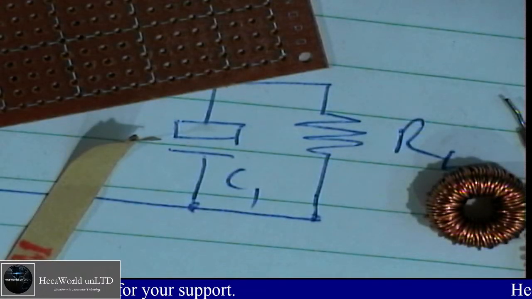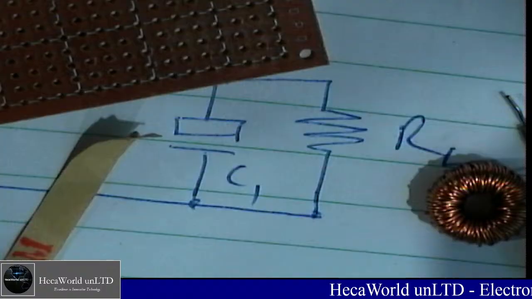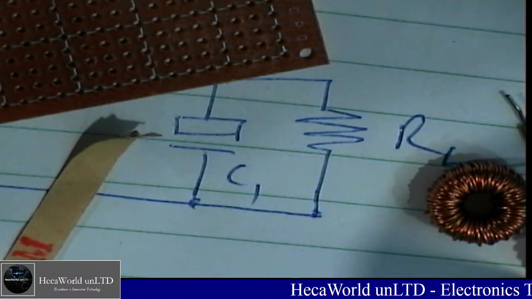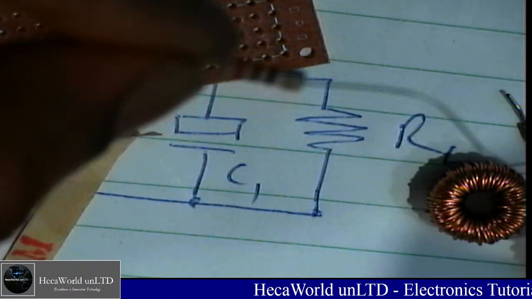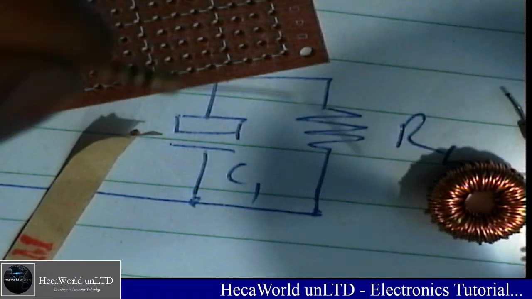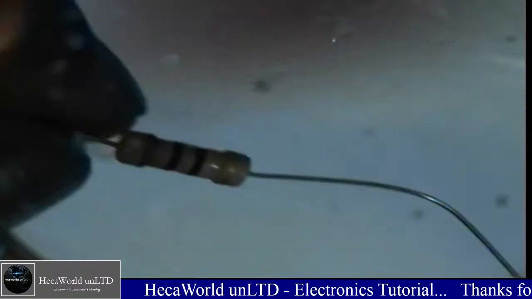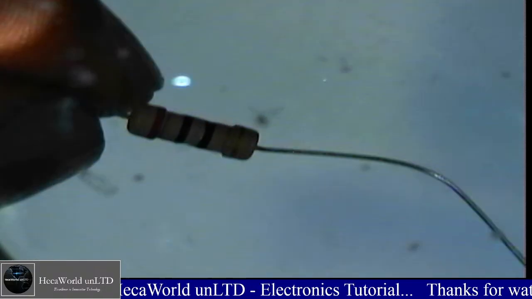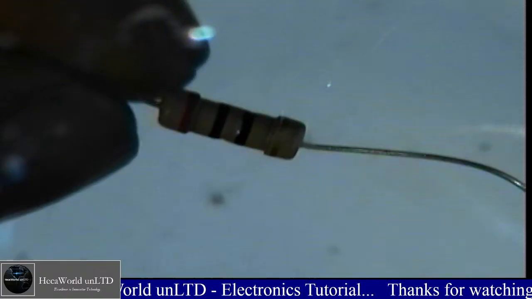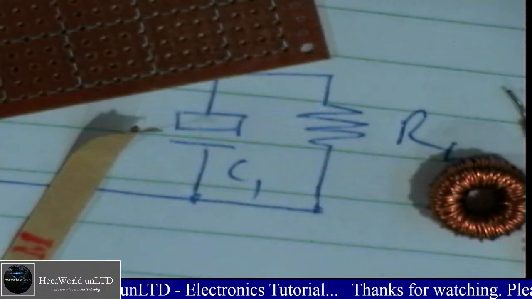Red is 2, black is 0 in the second band, but black in the third band is a decimal multiplier, which is basically 10 raised to the power 0, which is 1. So 2 and 0 times 1, that's 20. Believe that, that's what it is.